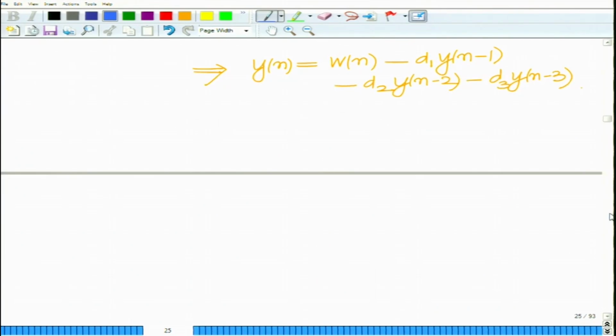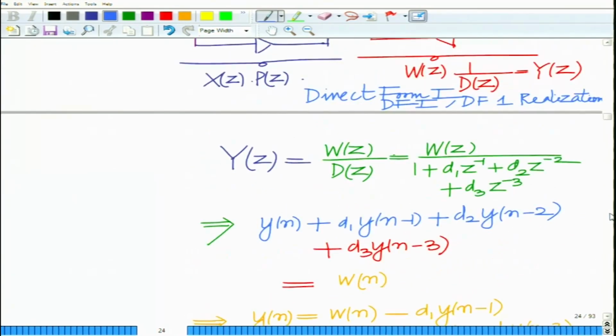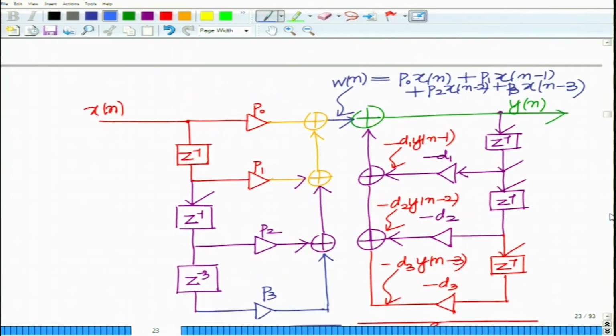Now, what you can do is first you can interchange these two blocks. Remember, when you have a cascade of two LTI systems, you can always interchange them, that is H1(z), H2(z), to have H2(z) followed by H1(z), because convolution is commutative, the resulting system remains unchanged.